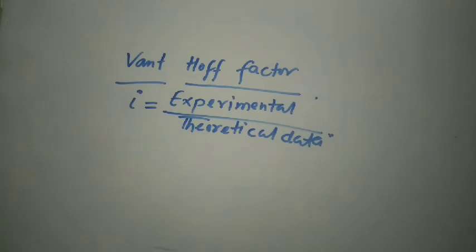Now, by using this Van't Hoff factor, we can change the previously learned formulas like this. Delta P, that is P0 minus P, equals i into X2.